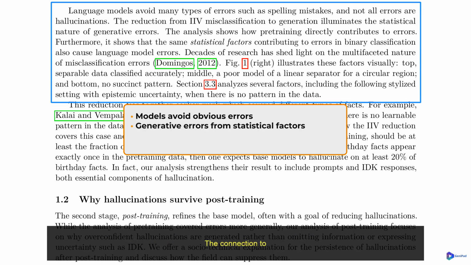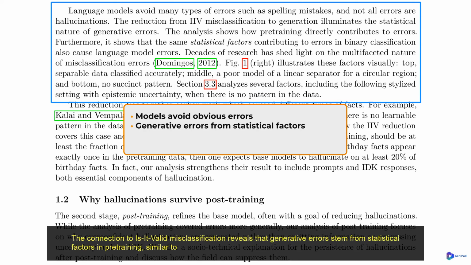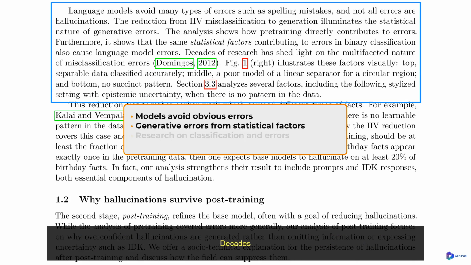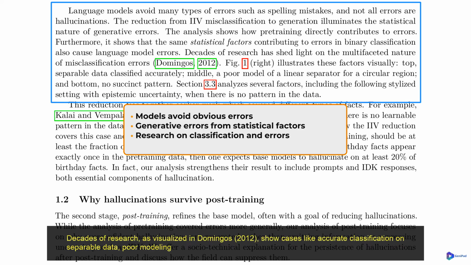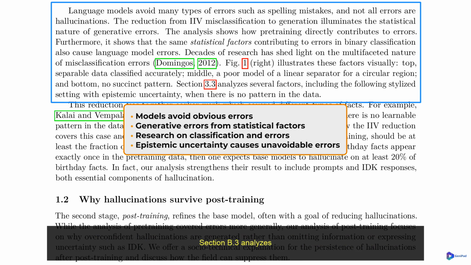The connection to "is it valid" misclassification reveals that generative errors stem from statistical factors in pre-training, similar to those in binary classification. Decades of research, as visualized in Domingos, 2012, show cases like accurate classification on separable data, poor modeling leading to errors, and situations with no discernible patterns. Section B.3 analyzes factors like epistemic uncertainty, where lack of data patterns causes unavoidable errors.